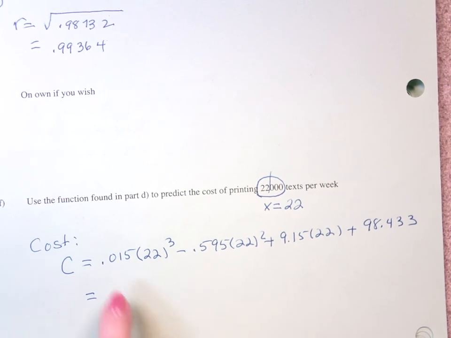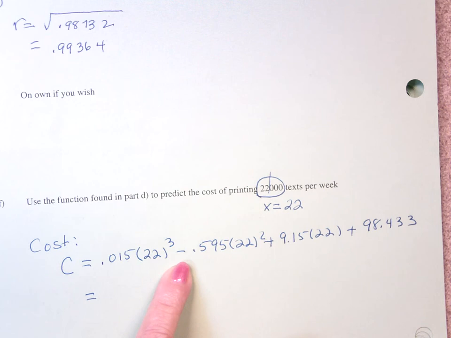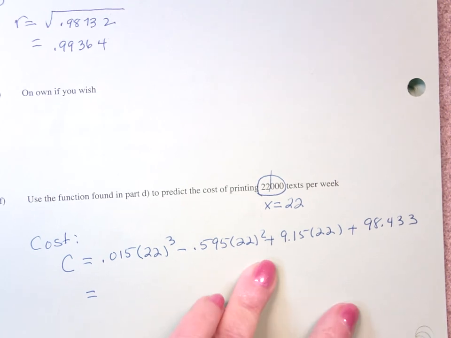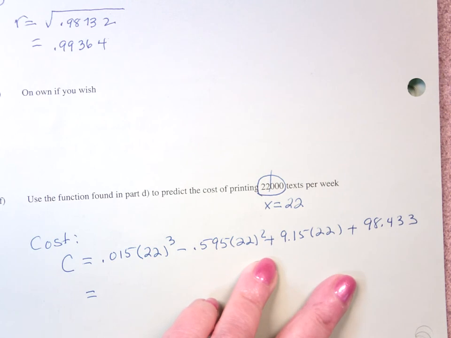So 0.015 times 22 cubed minus 0.595 times 22 squared plus 9.15 times 22 plus 98.433.